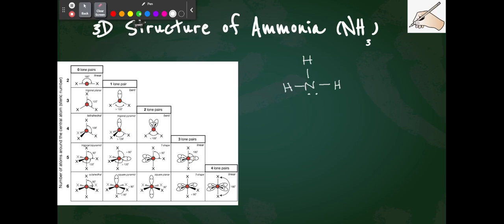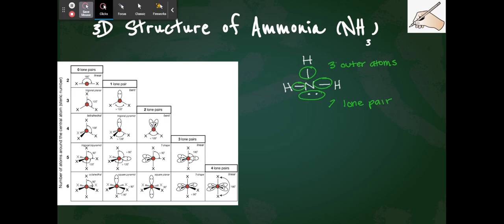So if I were to count the number of lone pairs in this Lewis structure, I see that it has 1 lone pair. And I see that it has 3 atoms sticking out of it. So 3 other outer atoms. And we call this the steric number.